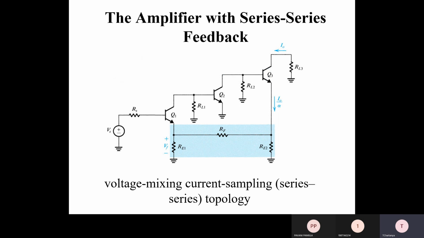There are transistors Q1, Q2 and Q3. The response of Q1 is connected to Q2, and the response of Q2 is connected to Q3. So the first response is added in series with Q2, and the transistor Q2 response is added in series with transistor Q3. That is what series-series feedback is.